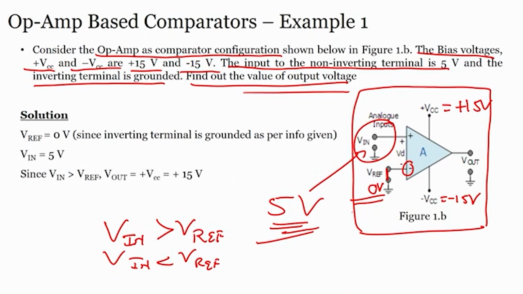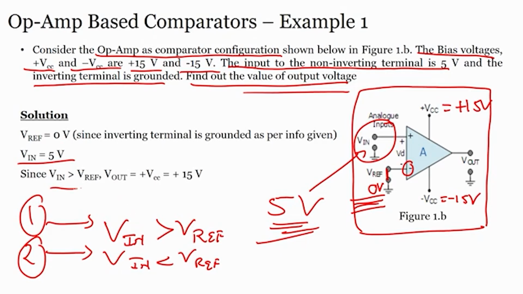In this case, 5 volts minus 0 volt. Which is the correct condition? V reference is 0, V in is 5. Think, easy. The answer is the first, because 5 volts is greater than 0 volt.